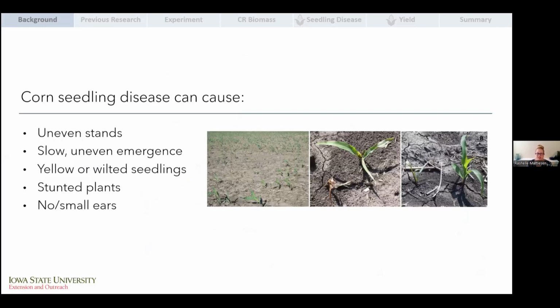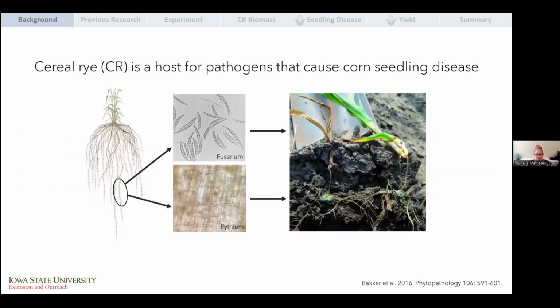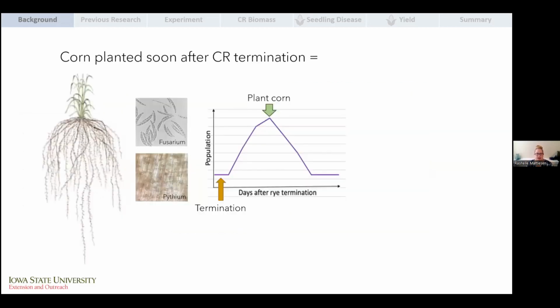So you can have uneven stands, you can have slow emergence, you can have yellow or wilted seedlings, you can have stunted plants, and those stunted plants can cause no ears produced or smaller ears, which then can impact yield. So we do know that cereal rye is a host for some of the pathogens that cause seedling disease of corn, such as Fusarium species and Pythium species.